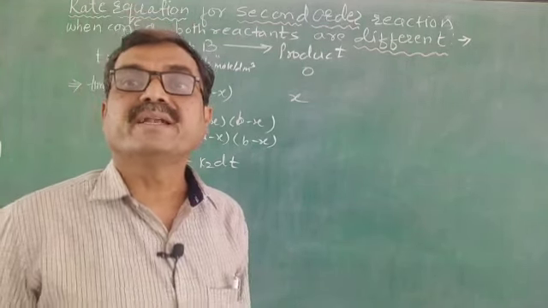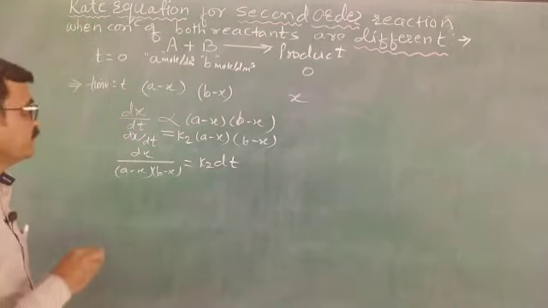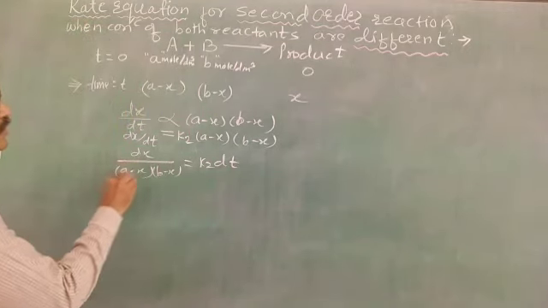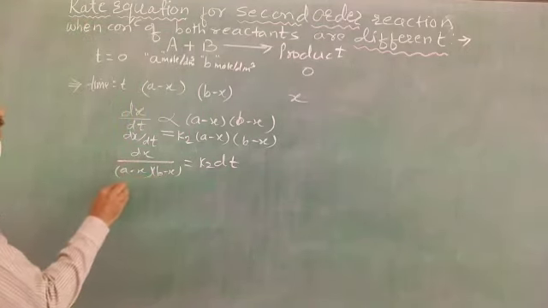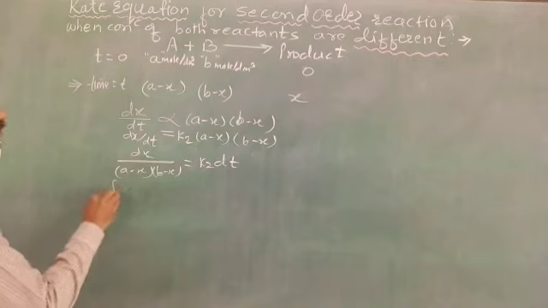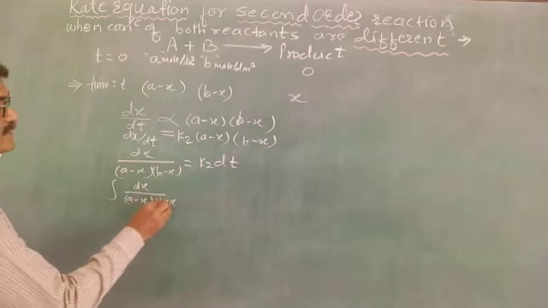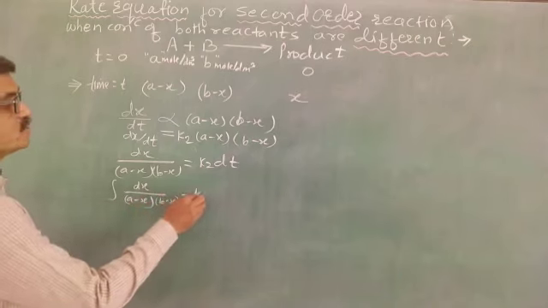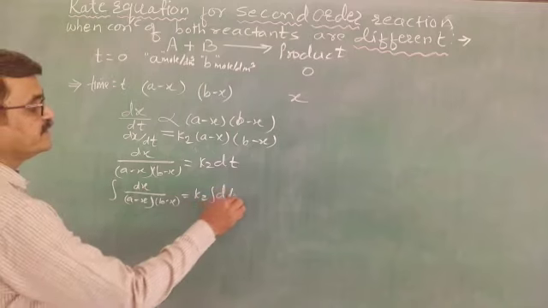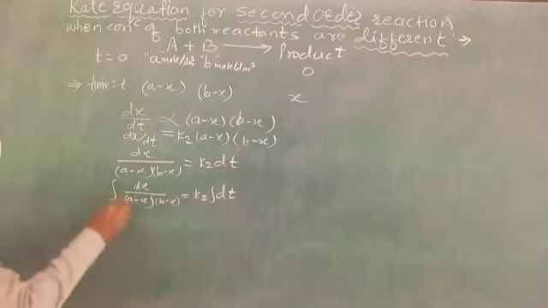How is this equation integrated? Integration of dx upon (a minus x)(b minus x) is equal to K2 into integration of dt. In order to solve this integration we use partial fractions.